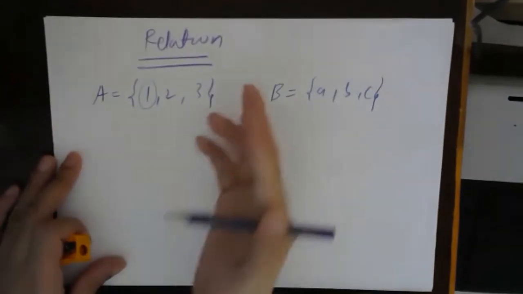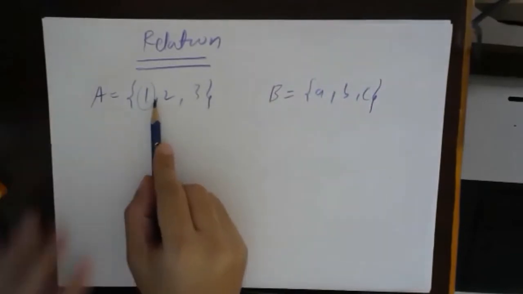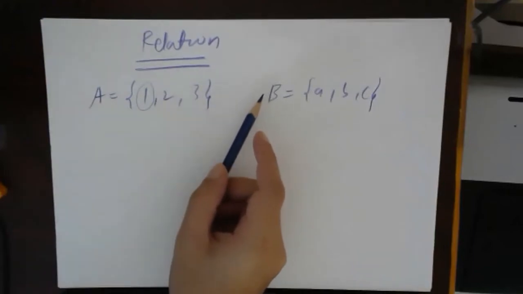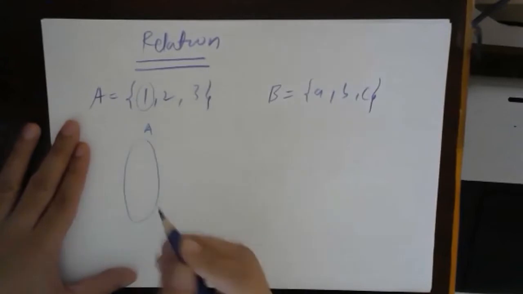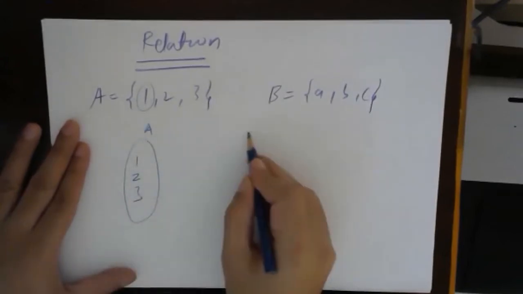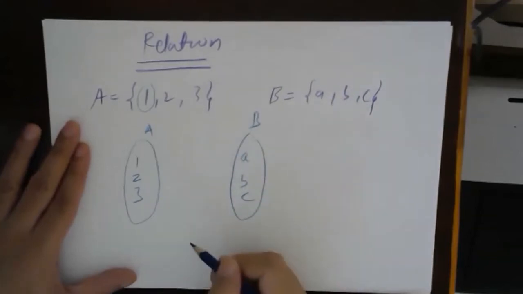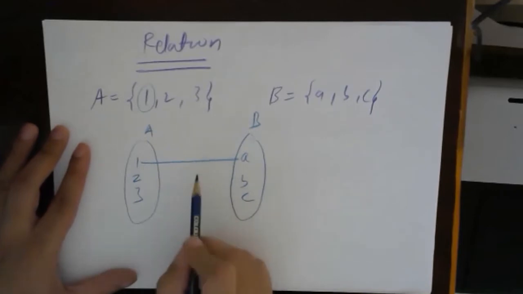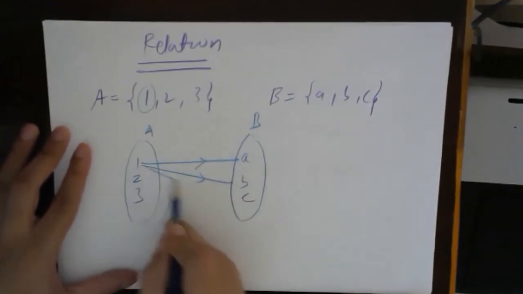So what I'm saying is to link every element of A with every element of B. I will draw set A like this: let this be set A, 1, 2 and 3, and let set B be this, a, b and c. I will first link 1 with a, 1 with b, and 1 with c.